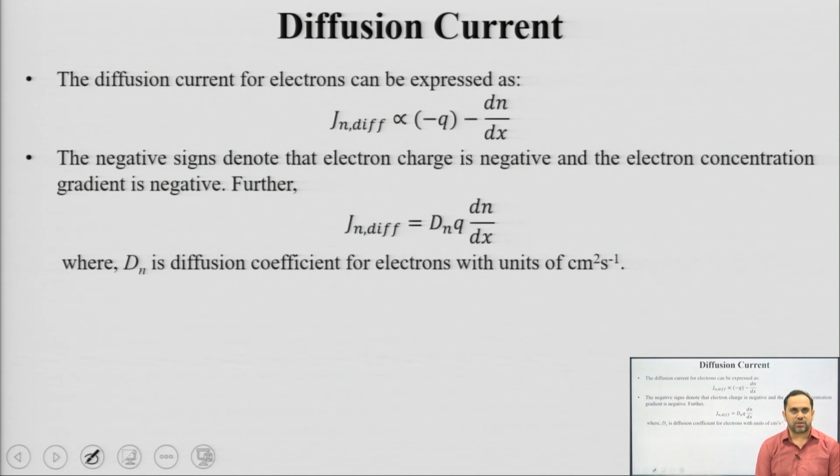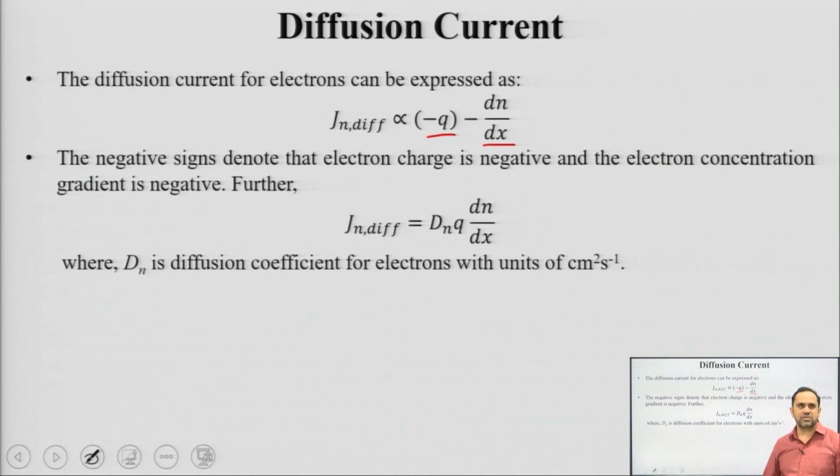So, even if the region is localized in a very large semiconductor, if there is a small localized region where a concentration gradient exists, in that region you can have diffusion current. So, a concentration gradient first has to exist for diffusion current to flow. This diffusion current is proportional to the charge as well as the concentration gradient.